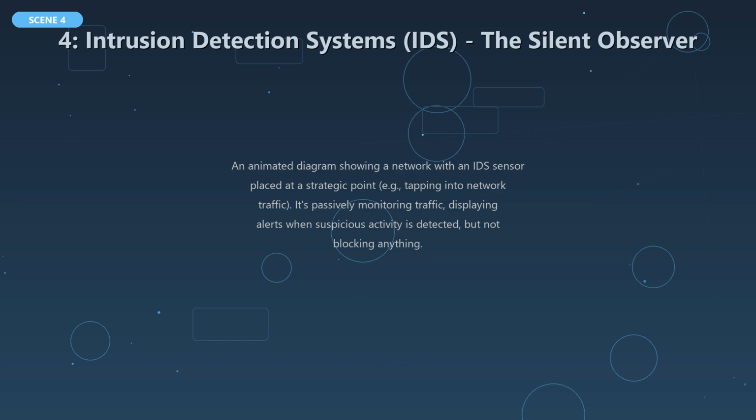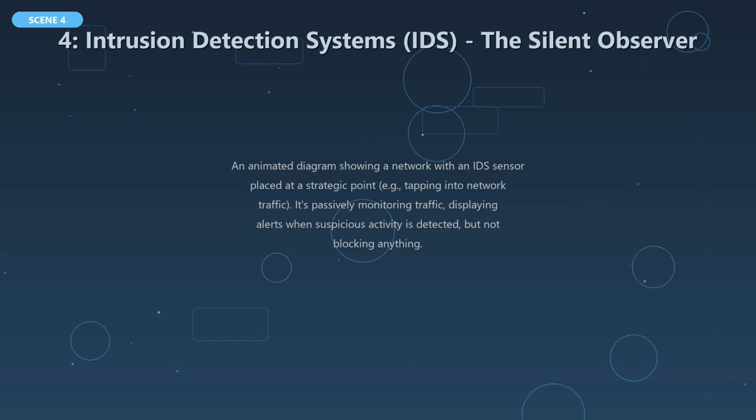The IDS is your early warning system, giving you crucial time to investigate and respond manually. Its value lies in its ability to identify threats that might have bypassed other initial defenses, providing visibility into potential compromises within your network.